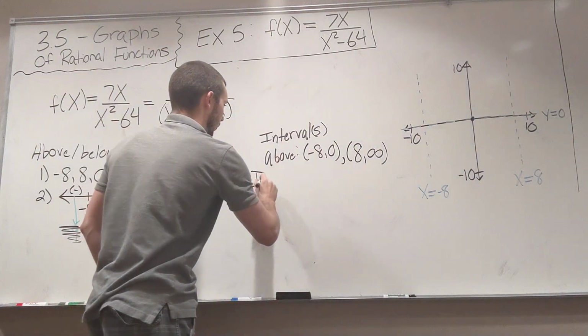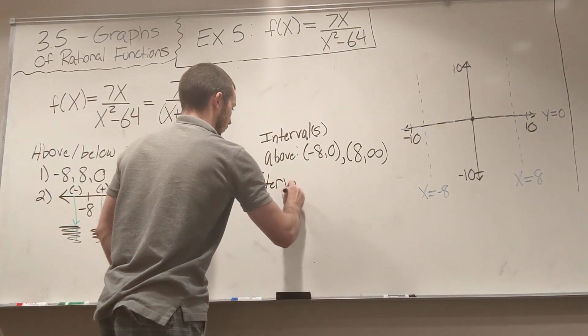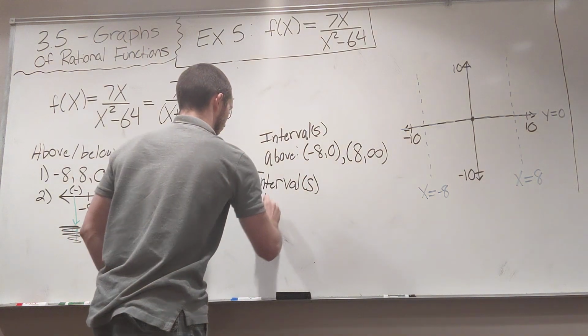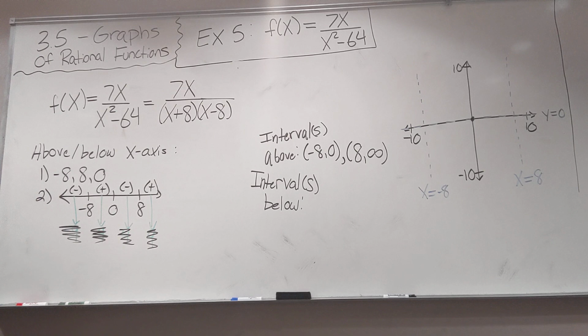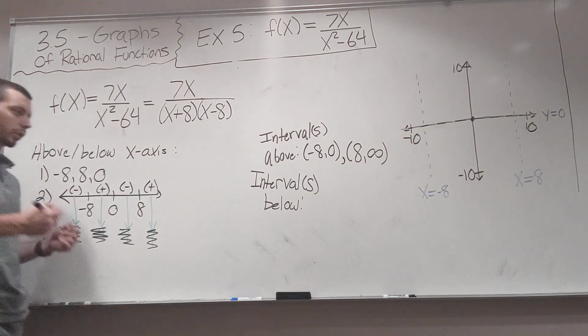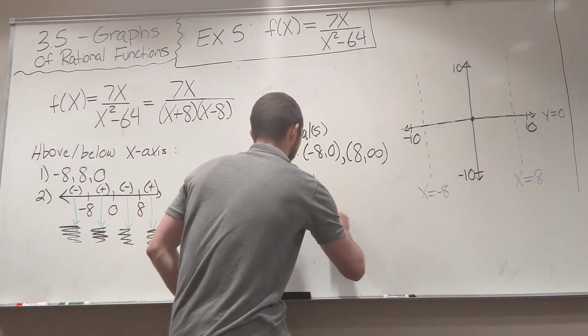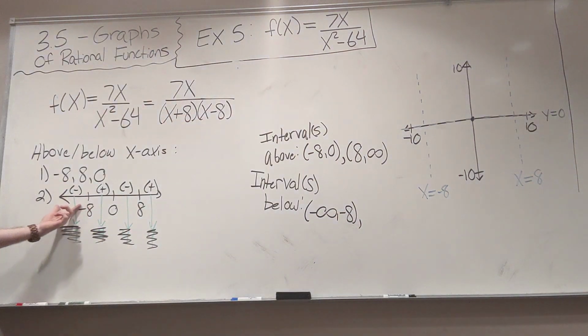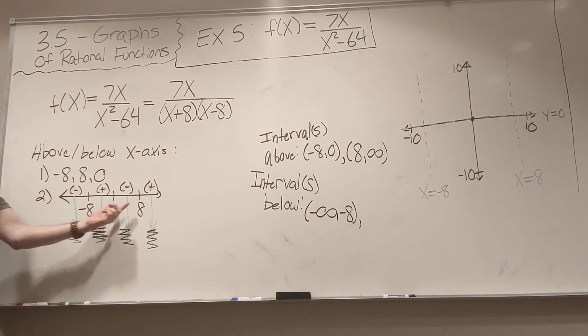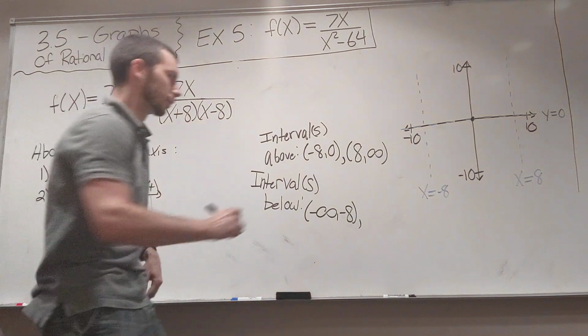And then the intervals below. Well, it's just the opposite, all the ones with the negative. Negative infinity to -8, we'll start off with that one, and 0 to +8.